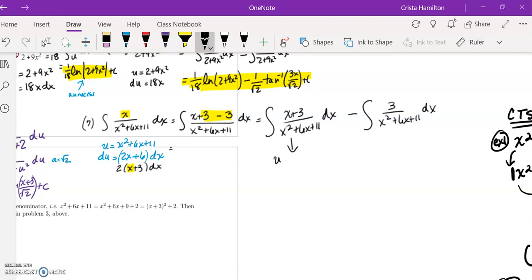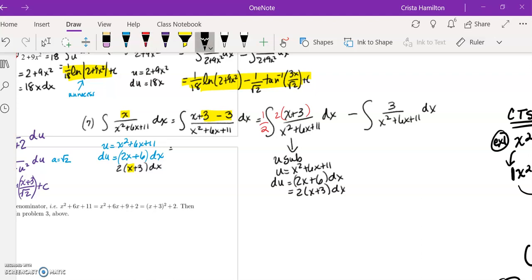So this portion is just going to be a u subproblem. You would let u equal x squared plus 6x plus 11, du equals 2x plus 6, or 2x plus 3, and of course our dx.